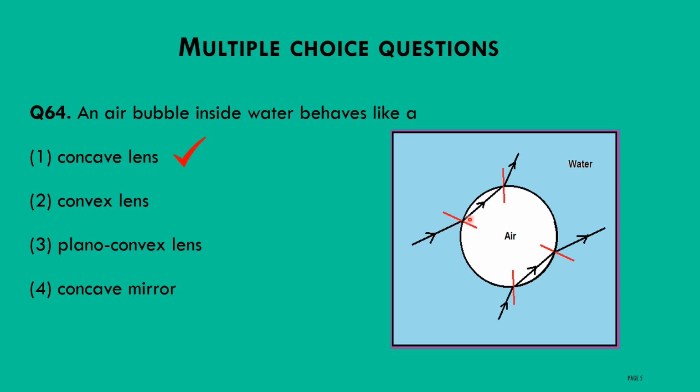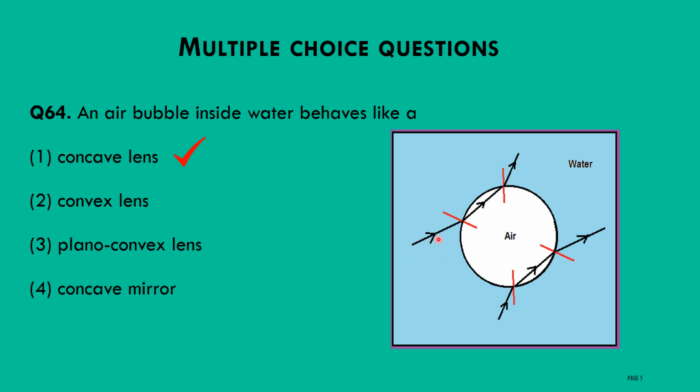After refraction, when it passes inside the air and touches this edge, it will get refracted again. Why does this multiple refraction happen? Because there is a difference in refractive index.